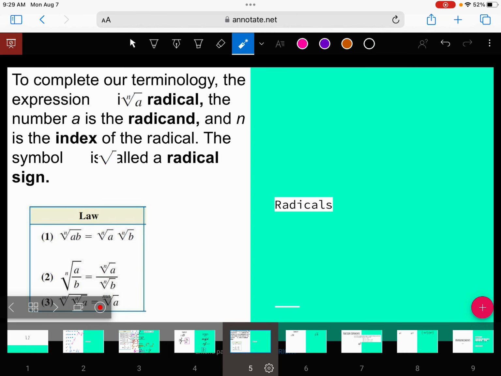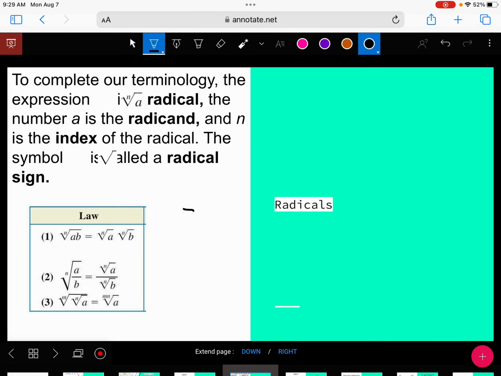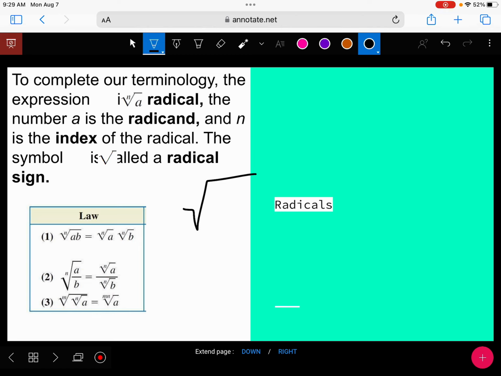Because we're going to work radicals too. They had very similar laws. We've got to remember the terms radical, radicand, and index. The radical is the shape itself. That guy's a radical.